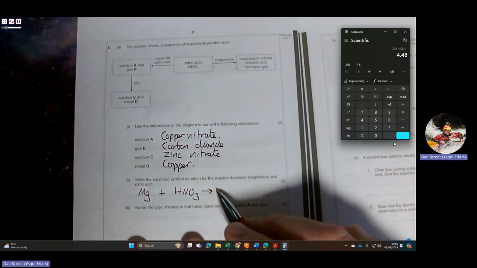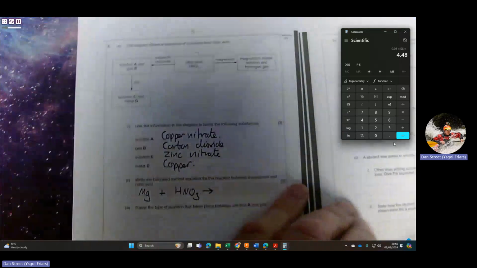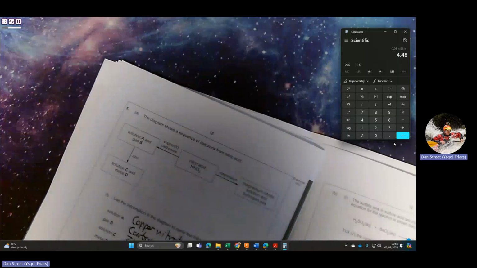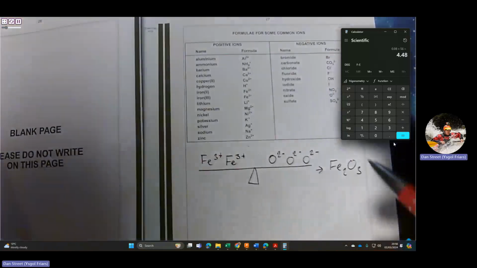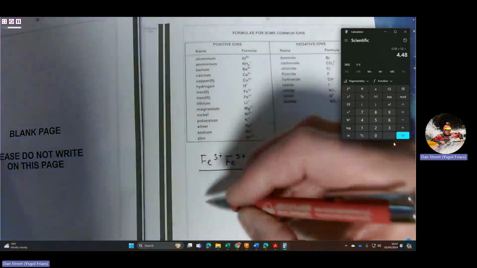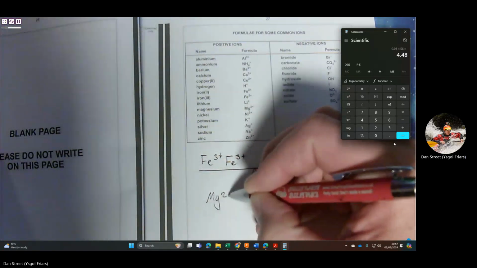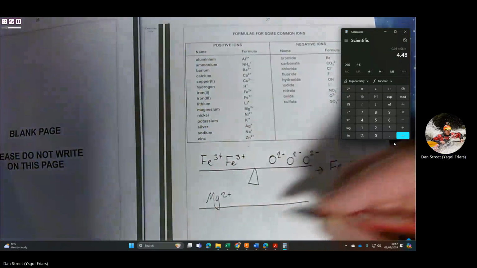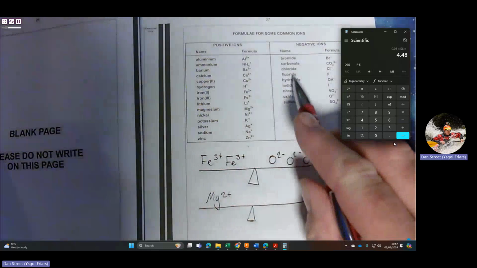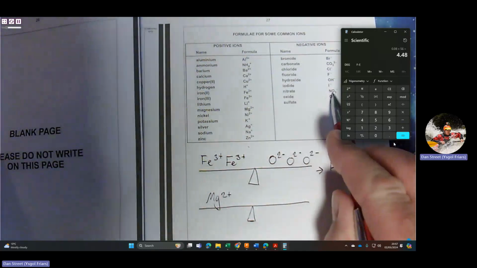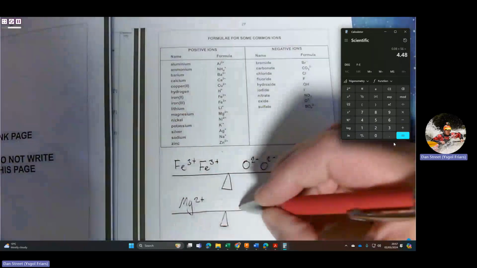Now it's wise to check the formula of magnesium nitrate, so let's have a quick look at the back. Magnesium is Mg2+, and nitrate is NO3 minus.